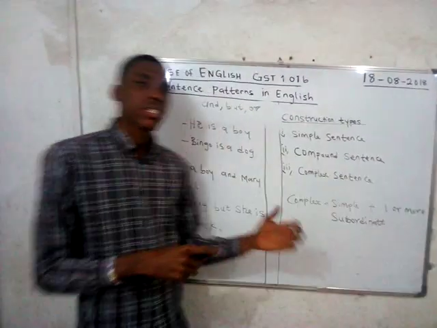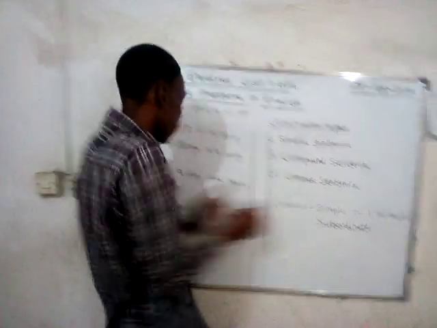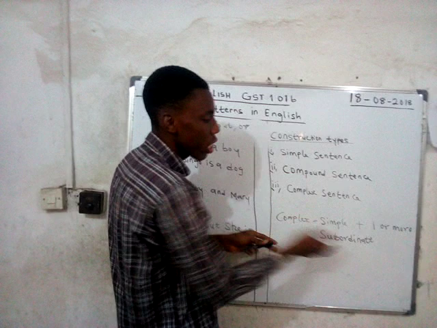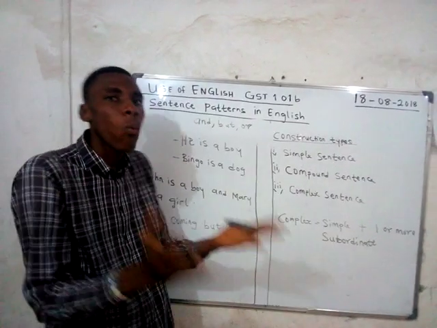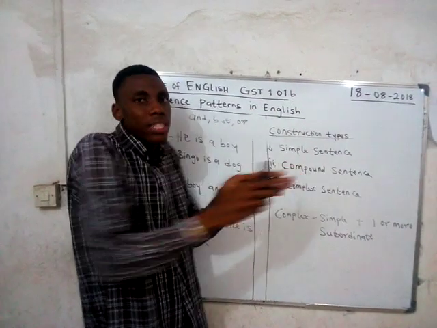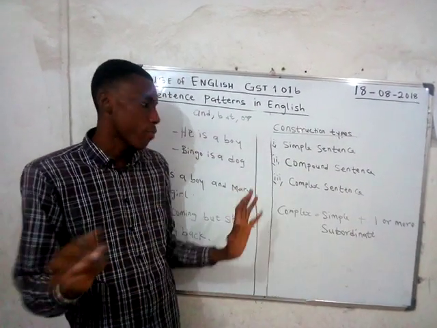What do we mean by this? We have a simple sentence as the ones we used to have, then we have a subordinate. Subordinate means one depending on the simple sentence. Without the simple sentence, the subordinate cannot make perfect sense.